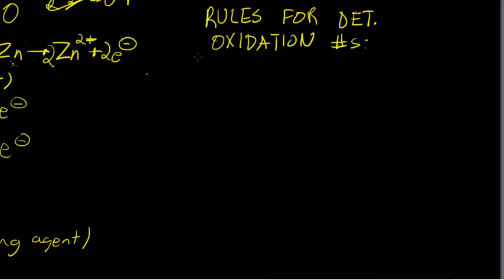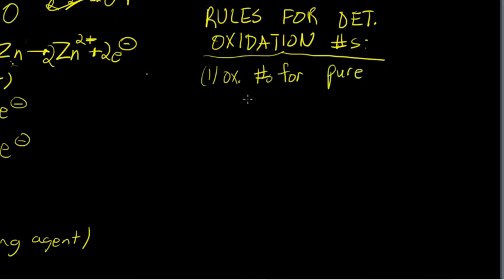Okay, so the first one, the oxidation number for a pure element is 0. So oxidation numbers for pure elements are 0.